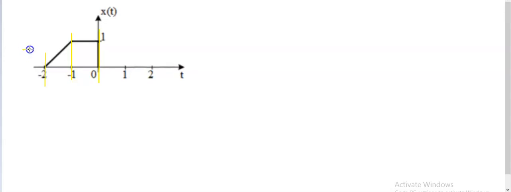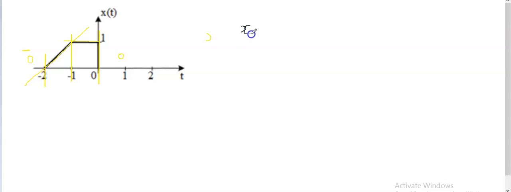Here it follows the line, this is the line, and in this region it is constant. Okay, so by visualizing it we can know what is x(t).